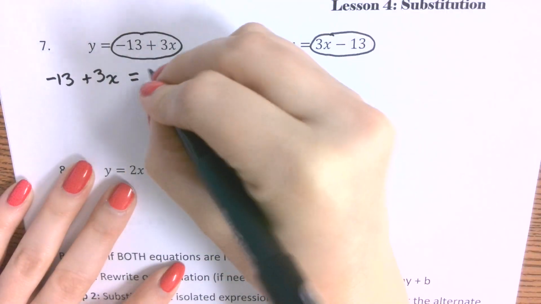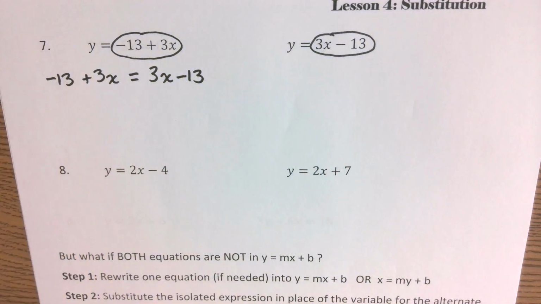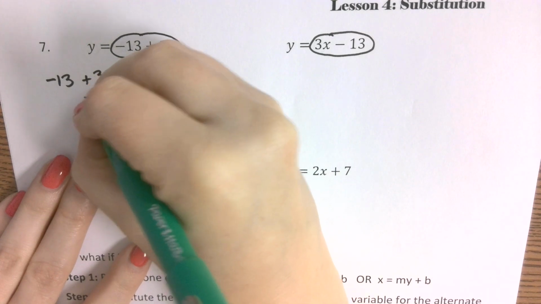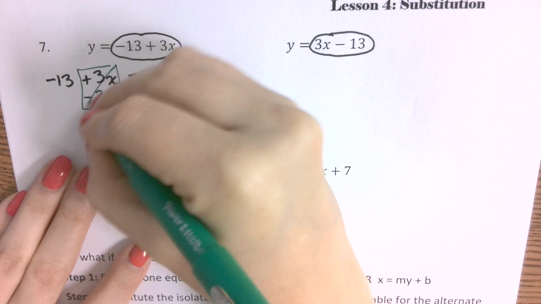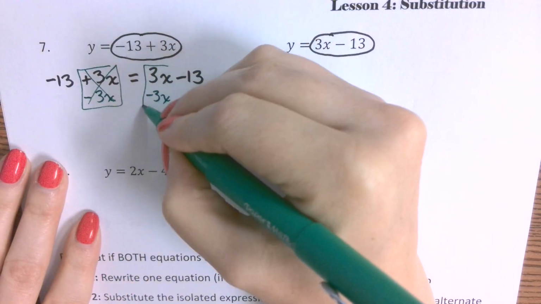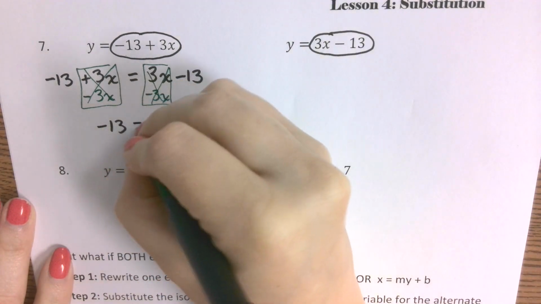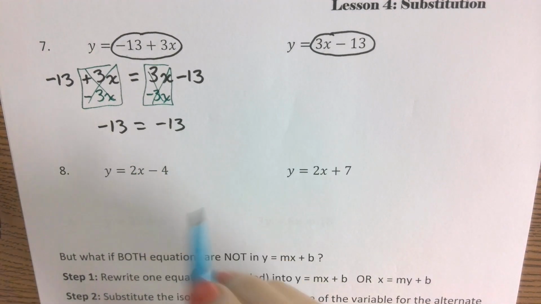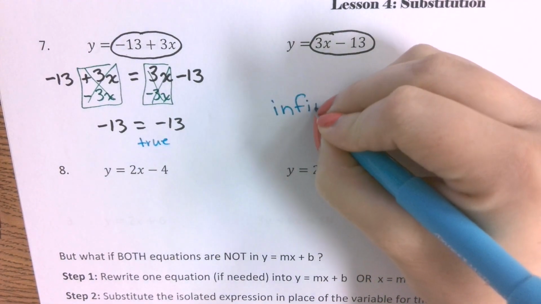If I subtract 3x from both sides, not only is my 3x going to cancel on the left, but it's also going to cancel on the right, and then I'm left with the statement negative 13 is equal to negative 13. So when your x's completely disappear, but you're left with a true statement, then that means it's infinitely many solutions.